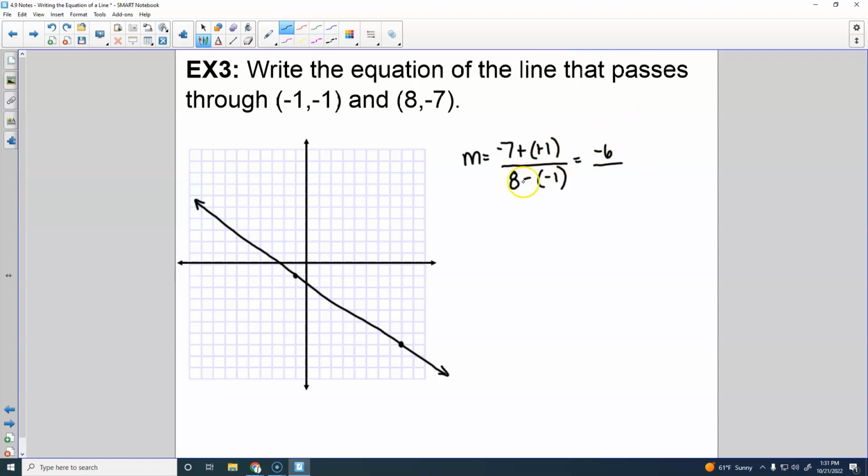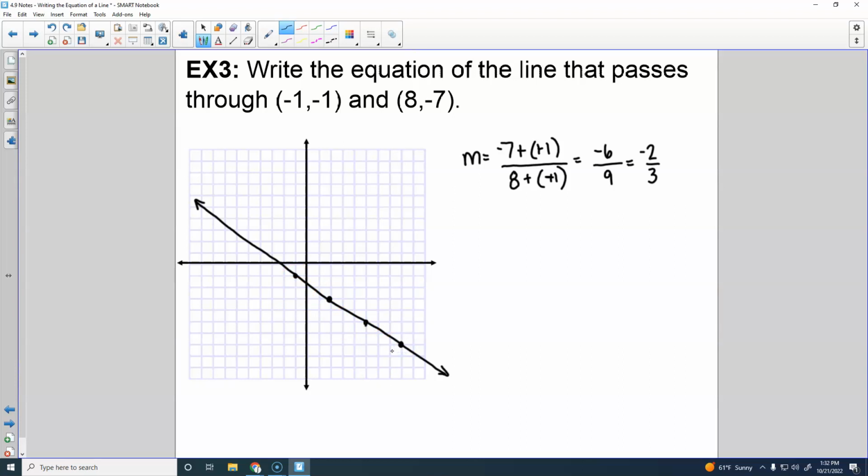And then we've got 8 minus -1, so that's like 8 plus 1, which is going to give us 9. And what does -6/9 reduce to? -2/3. There. And if I look at my graph, down 2 to the right 3, down 2 to the right 3, down 2 to the right 3, that looks right.